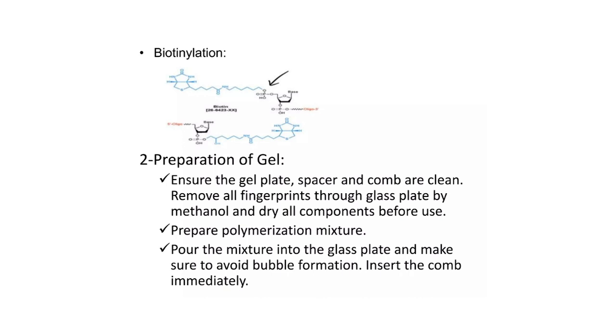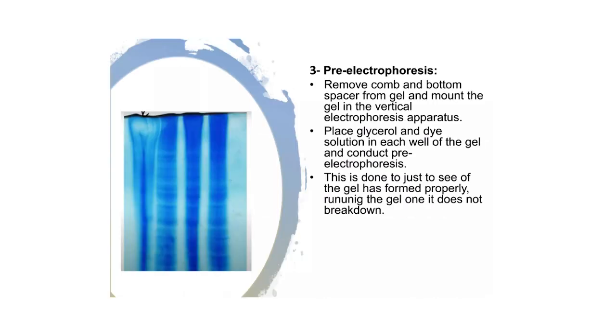and then you insert the comb immediately, and then you carry out the electrophoresis process. So this is the pre-electrophoresis. We remove the comb and bottom spacer, and we mount the gel on the electrophoresis apparatus.